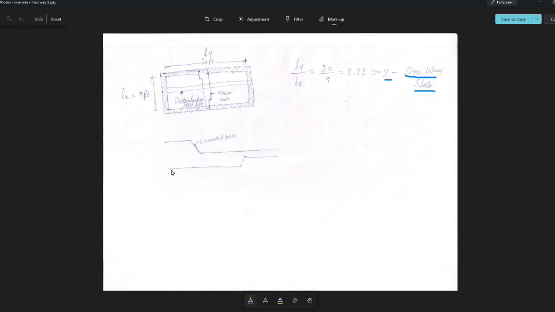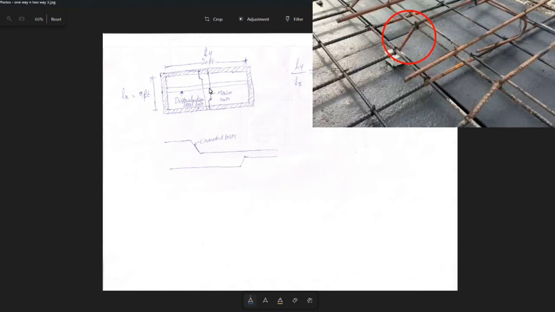So here, as I already told, in the shorter length we're going to take main bars, and in the longer length we're going to consider distribution bars. And one thing you need to understand here: in the one-way slab, only on one side we're going to put the crank bars, especially in the main bars.